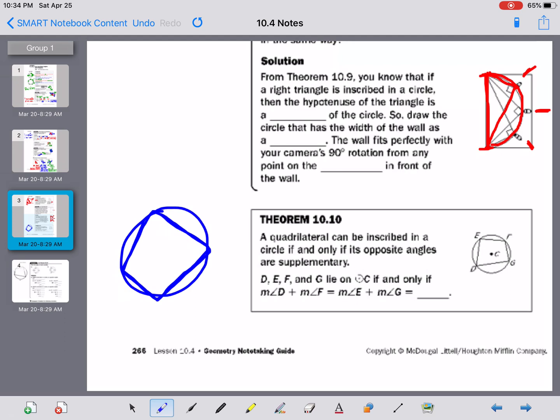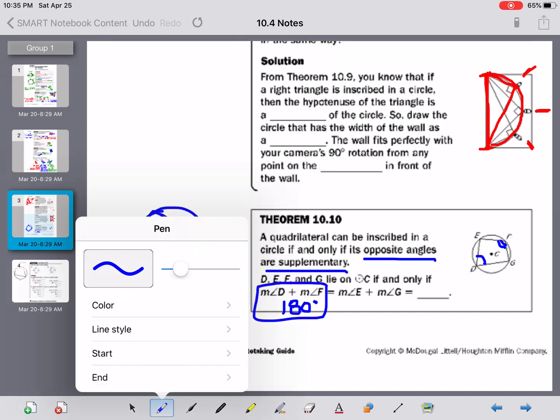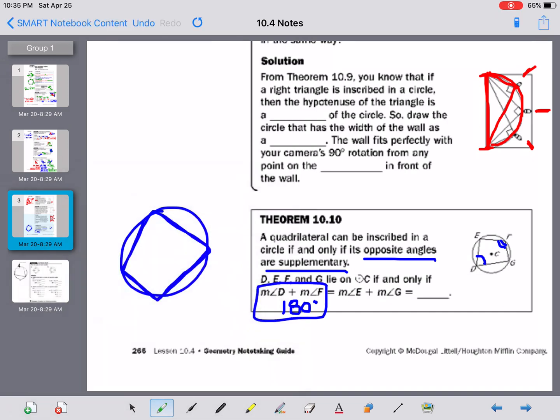But not only that, we get this extra rule that opposite angles will be supplementary. So my angle D across from my angle F, they don't have to be the same angle, but the two of them together are going to equal 180. And then, changing colors here, I have angle E over here and angle G over here.